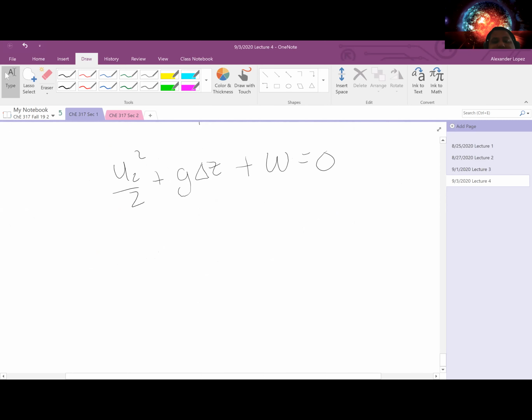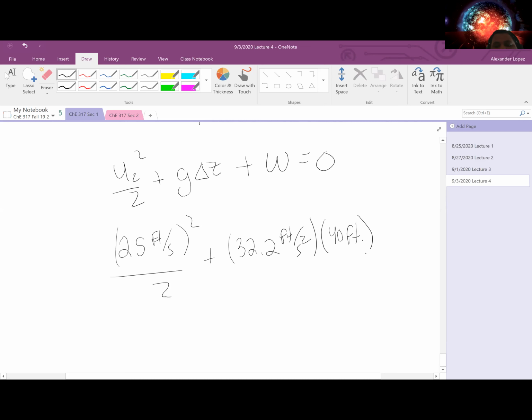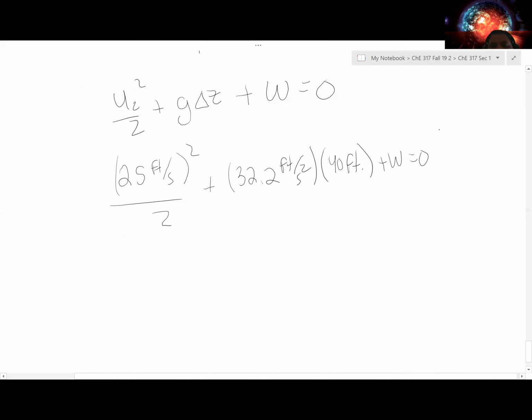I know my velocity is 25 feet per second, squared, over 2. Gravity in English units is 32.2 feet per second squared. My static term, as identified, the delta z, is 40 feet, plus w equals 0. Now both of these two terms are positive, which means my work, when I bring everything over to the other side, is going to be negative.